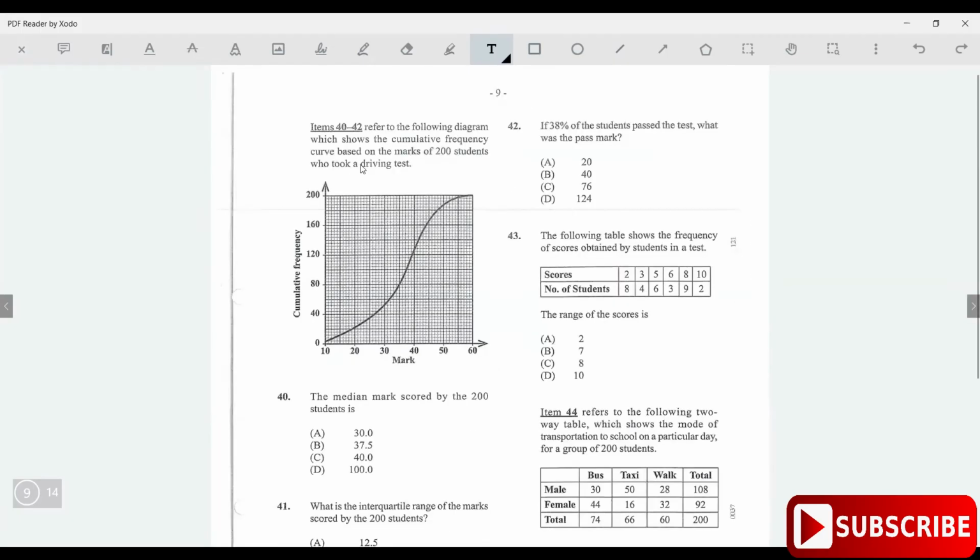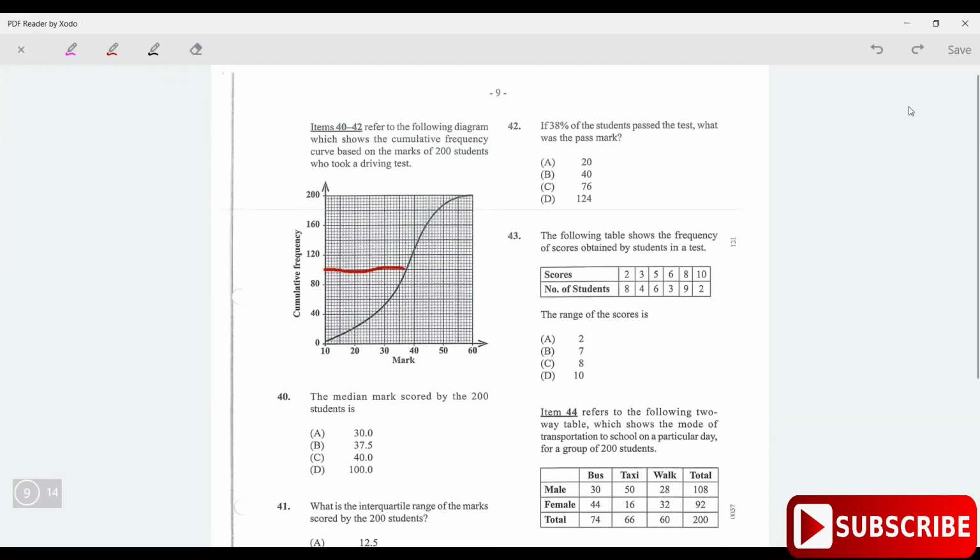All right, this refers to a graph which shows the cumulative frequency based on the marks of 200 students who took a driving test. So the median score: divide 200 by 2 to get 100. So we go to 100 and we come across here.